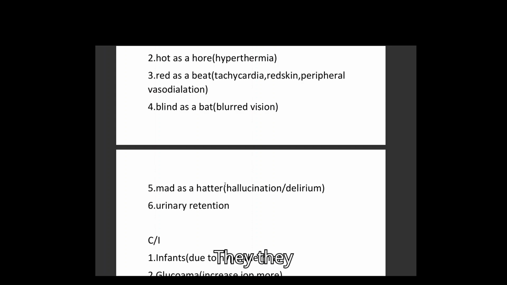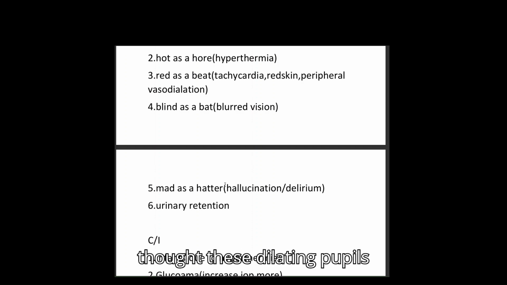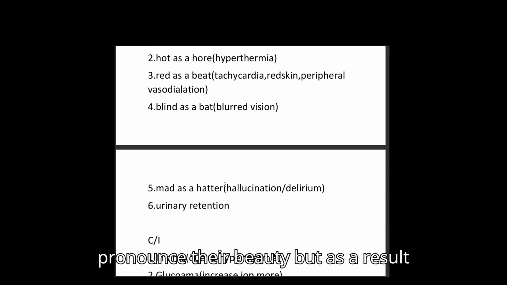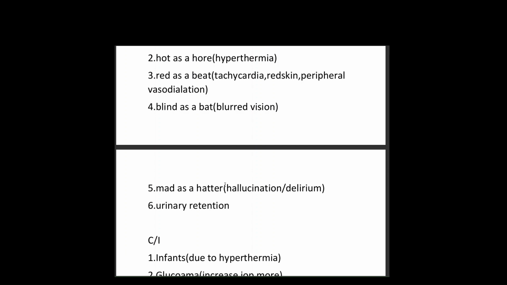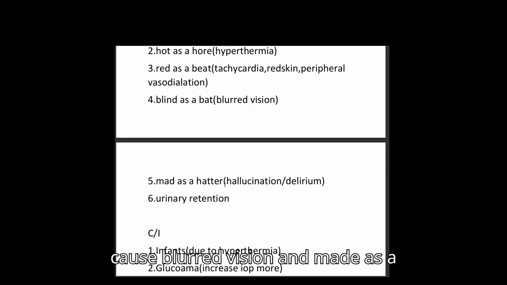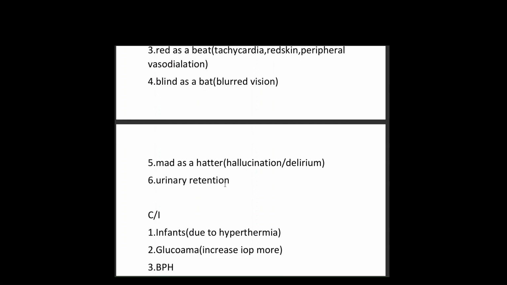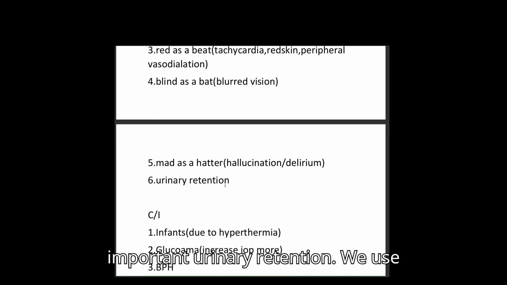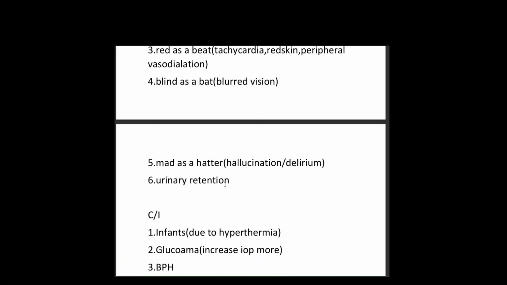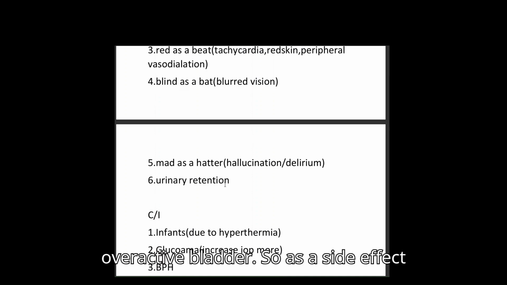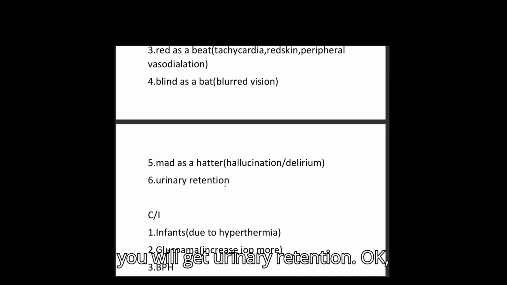They thought dilating pupils enhanced their beauty, but as a result they were blind. So it will cause blurred vision. And mad as a hatter: hallucination and delirium will be caused. And also urinary retention, very important. We use those drugs for overactive bladder, so as a side effect you will get urinary retention.